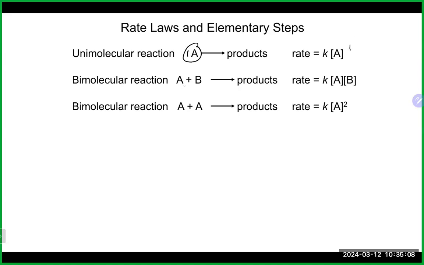Here, this would be the rate is equal to K times A times B. This is essentially 2A, which is where the 2 comes from in this case. So the one and only place that you can use the coefficients as the exponents, the orders, is when you're doing mechanism problems and you're doing elementary steps. You could actually write rate laws for each of the elementary steps.